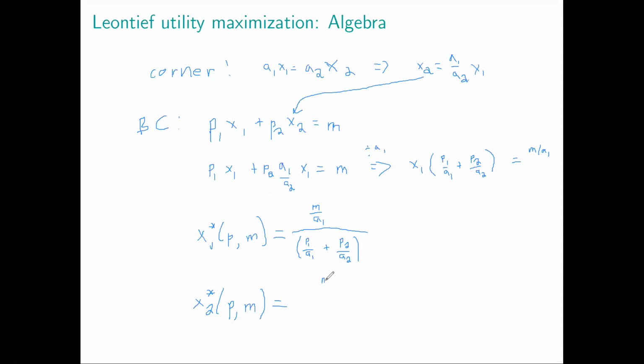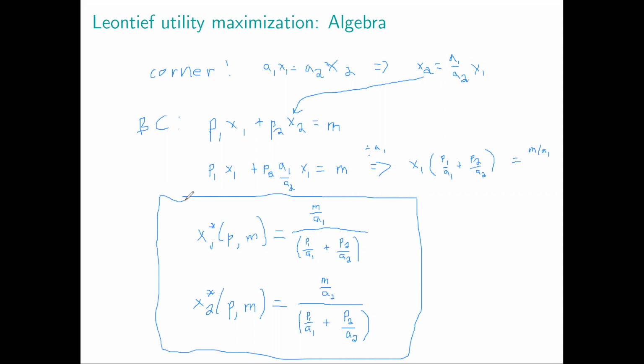So if we plug it in, we have M over A2 over P1 over A1 plus P2 over A2. So this is our general demand functions and the general algebra. If you just have A1, A2, P1, P2, you can always check your answer by using this. But if you're solving something on a quiz and it asks you to show the steps, make sure that you show your steps in solving the Leontief utility maximization problem.